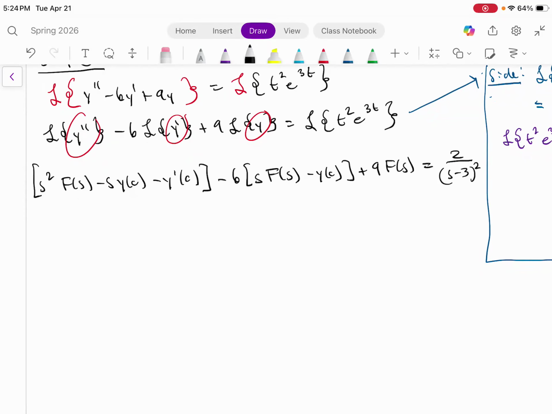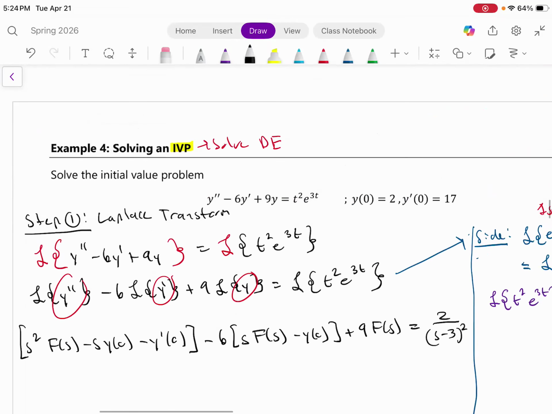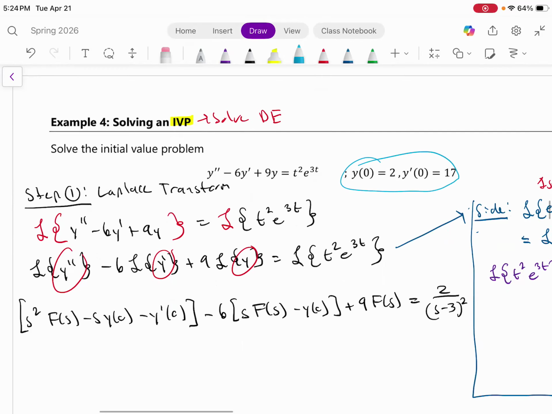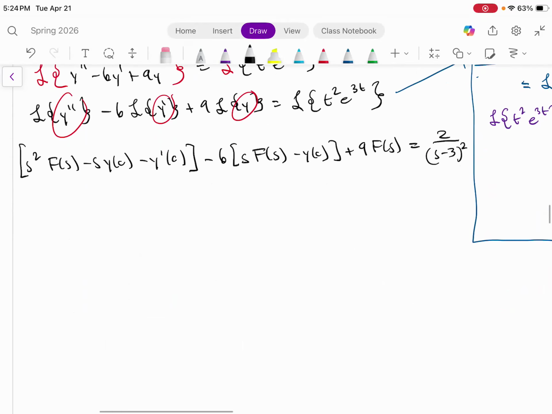All right, so we know what y naught is and y prime naught is. We're given them as our initial conditions here. So let's just go ahead and plug them in. I would have s squared F of s minus 2s, because y naught is just 2.